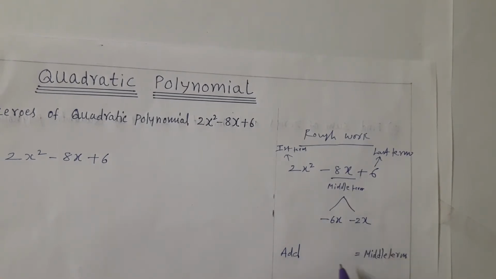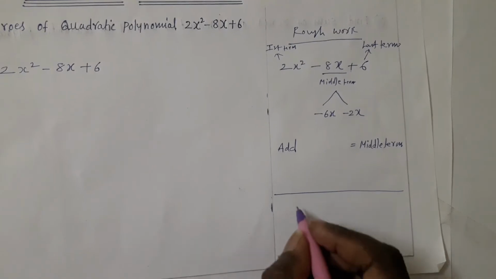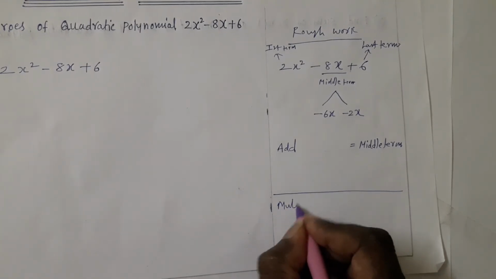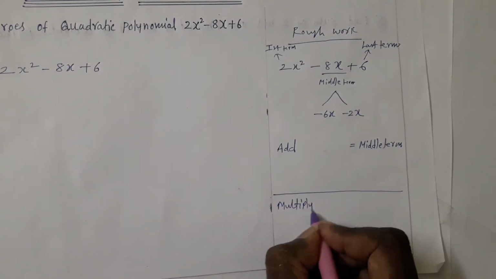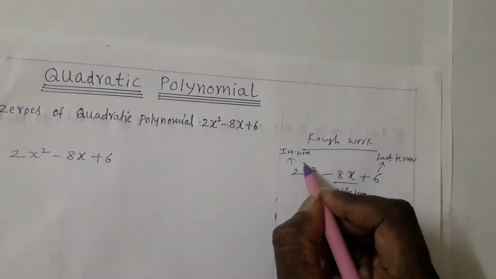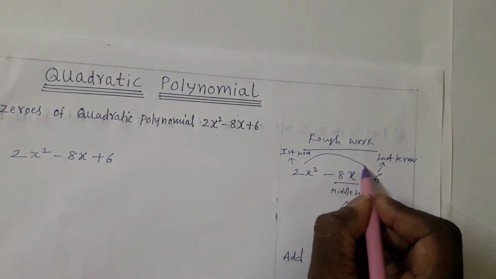If we multiply this, that is equal to the first term multiplied with the last term.